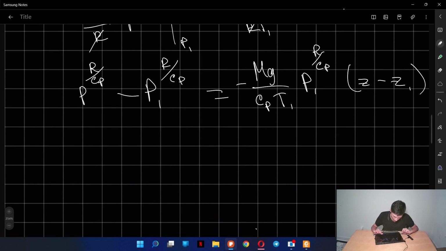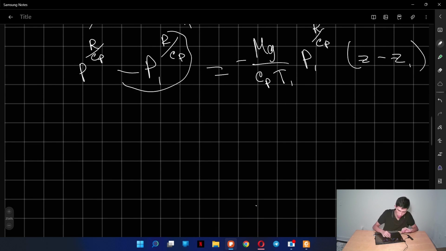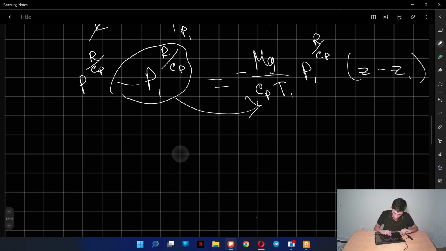Okay, the next step is, so we were deriving the relationship, a function of pressure with respect to the height, right? So I'm just going to move this to this side of our equation, and I'm going to factorize it by this pressure.